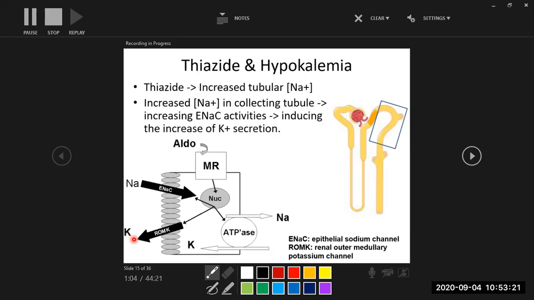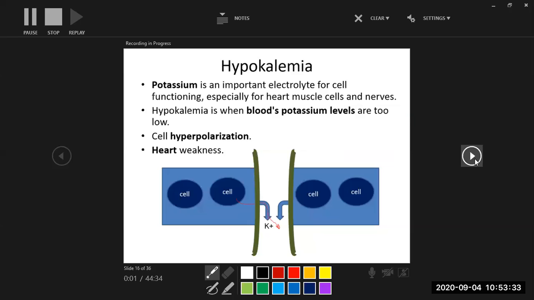So that's why. And you may ask, what is the sign, what is the symptom of the hypokalemia? So what's going to happen? As I mentioned earlier, potassium is important, and as we already know, it's abundant inside of the cell.